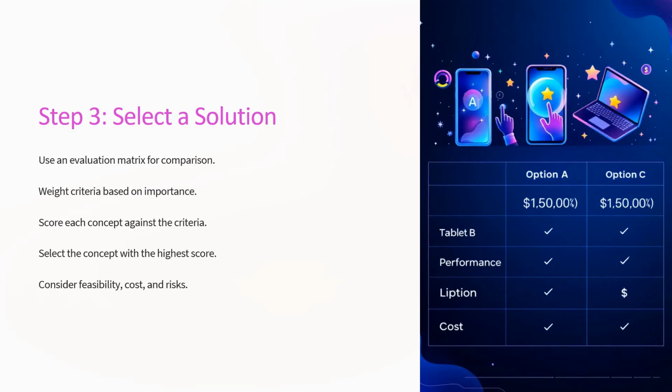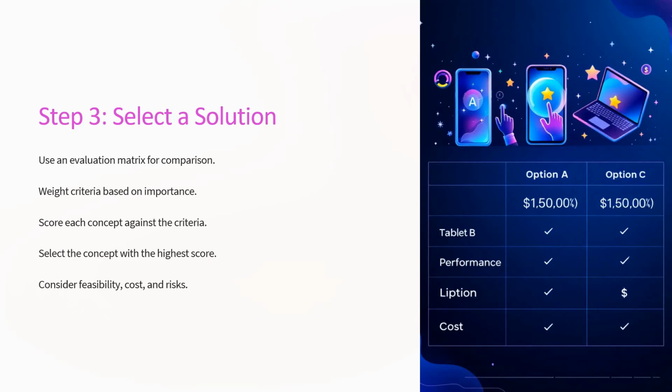Then once we have multiple ideas, the next logical step is to evaluate them and decide which one is worth developing. We use a design matrix. So this is a table where we compare each concept based on multiple criteria like cost, feasibility, performance, and risk. We assign weights to each criterion based on how important they are, then score each idea.